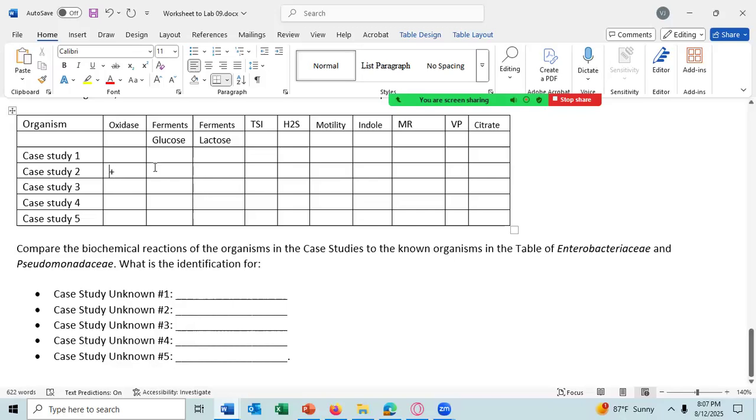And tell me if it ferments glucose, lactose, TSI, give the results of TSI, hydrogen sulfide being produced, whether it's motile, indole being produced. Let's see if there's indole in that.